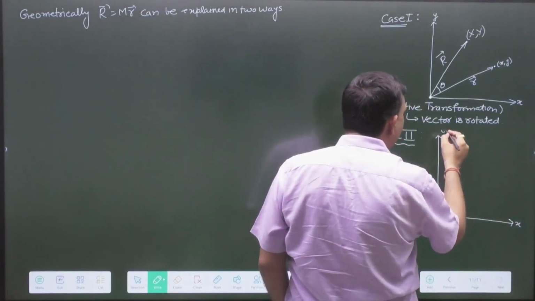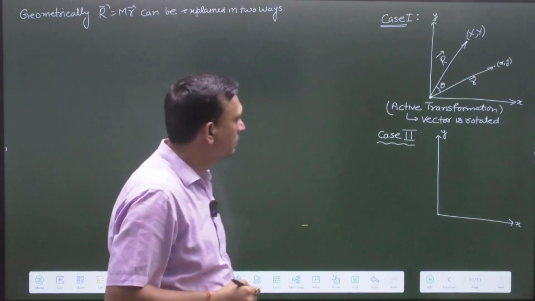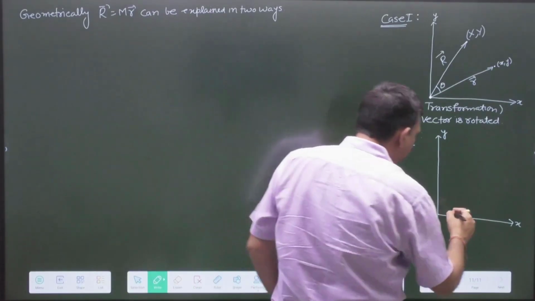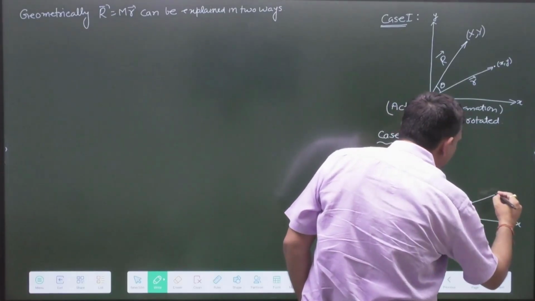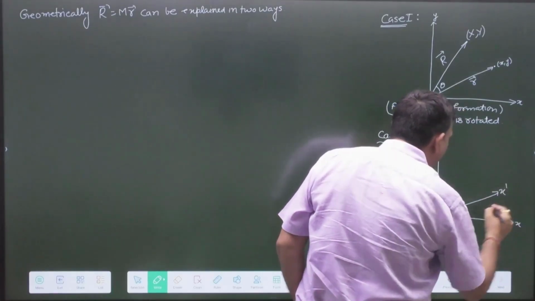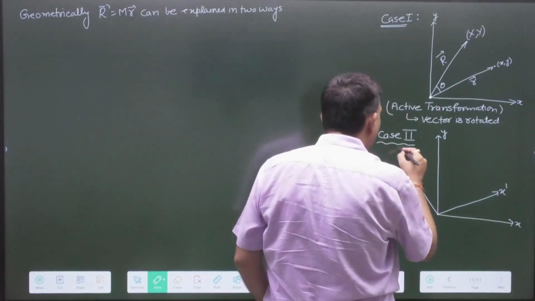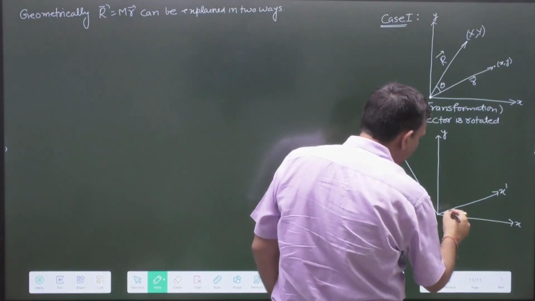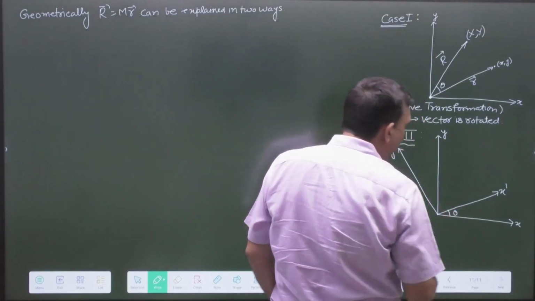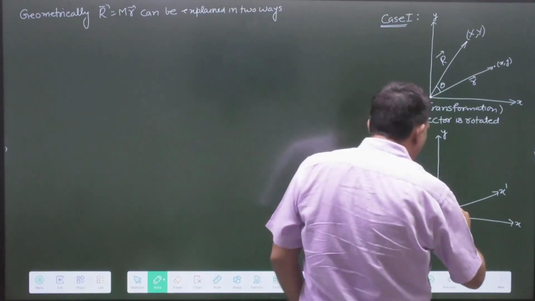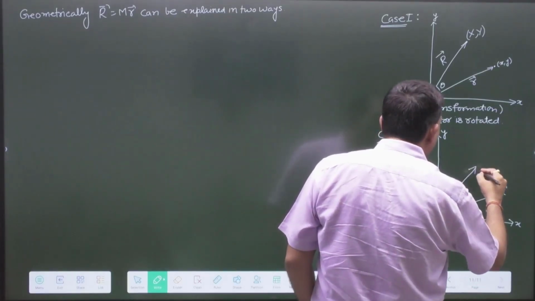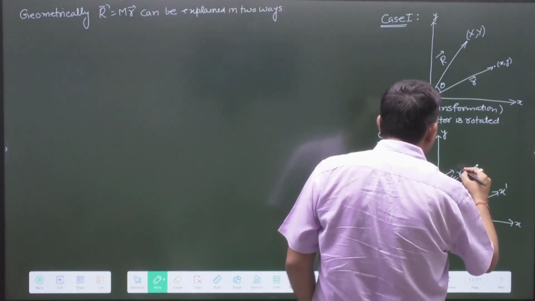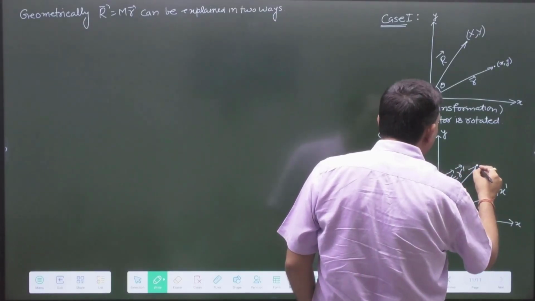This is one set of coordinate axes, and we have another set of coordinate axes, x dash and y dash, that is rotated by an angle theta. And you have one vector, r equal to r dash.